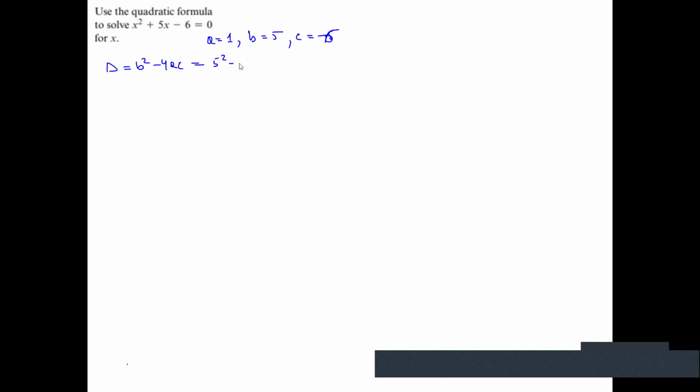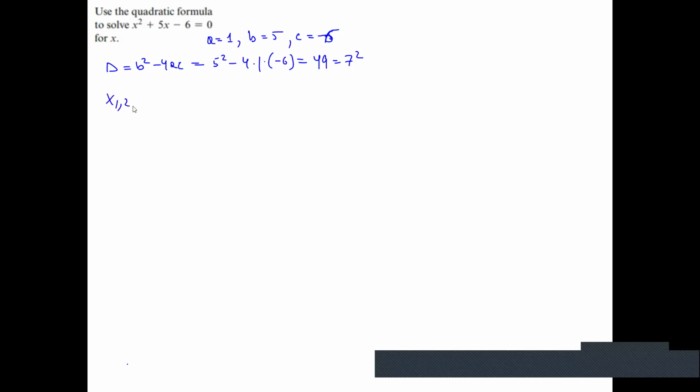So 5 squared minus 4 times 1 times minus 6. Okay, let's calculate that. 5 squared minus 4 times minus 6. It's 49. 49, it's a perfect square from 7. I can write it like that, so I already know the square root answer, right?